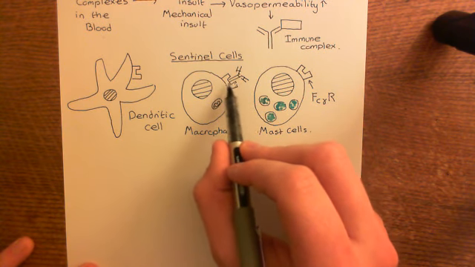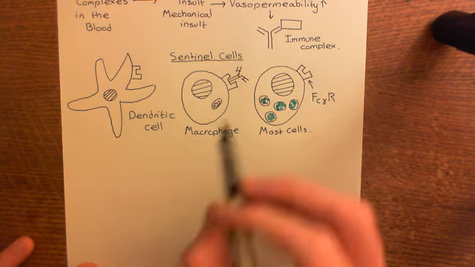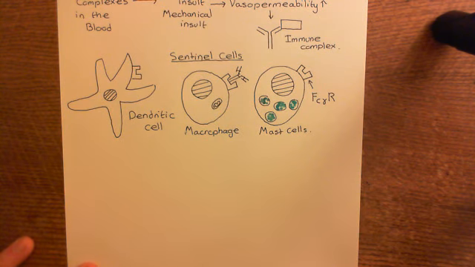That will activate the Fc gamma R molecule on the surface of the sentinel cell, and that will then activate the sentinel cell. So it's a way of detecting pathogens. It's an improvement, basically. It's a way of improving these sentinel cells' ability to detect pathogens.